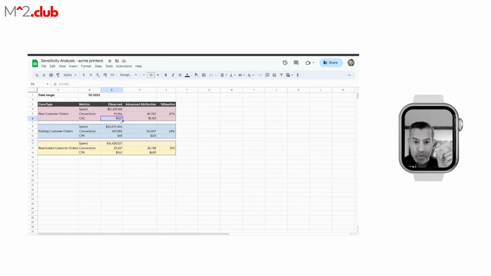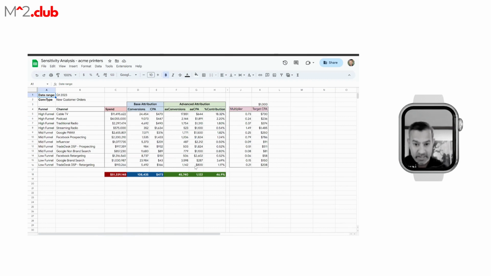Now, what you want to do is you want to put right next to it the incremental CAC, or the advanced attribution CAC, that was calculated by going through this exercise we just went through, right? We now looked at all these channels that you spend money on, and this is the incremental customer acquisition cost that is driven by media, right?